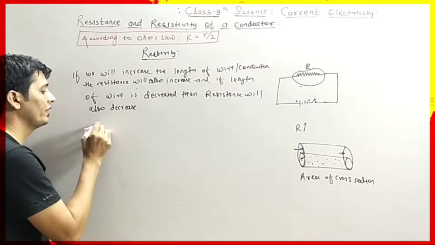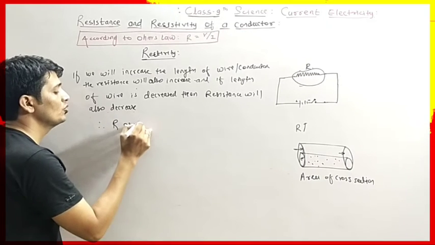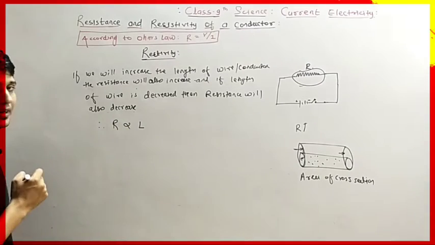Therefore we can write that resistance is directly proportional to the length of wire.